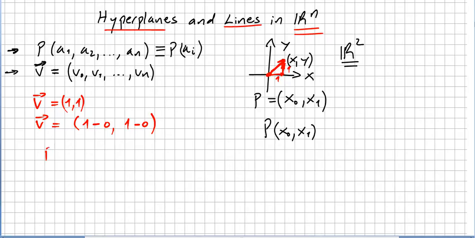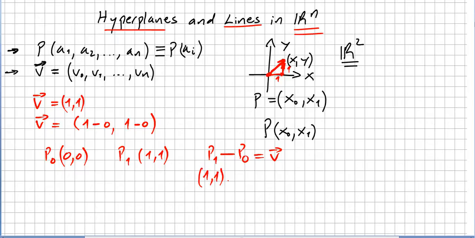We are going from the point 0, that's the point 0, 0, to the point 1, 1. So point 1 minus point 0, that is our vector. What is point 1 minus point 0? That will be 1, 1 minus 0, 0. That's 1 minus 0, 1 minus 0. That is 1, 1. And this is the vector.